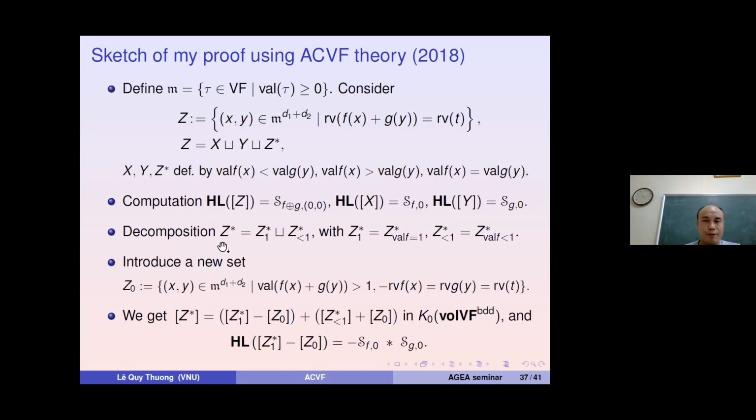Now we decompose this star as a disjoint union, this star 1 and this star less than 1, with respect to the condition, because the valuation of f(x) is less than or equal to 1. Here you can take this one equal to RV(t), which means the value of t is 1.